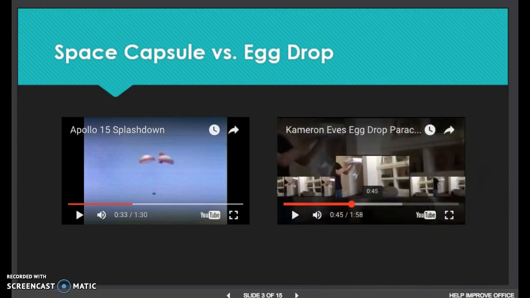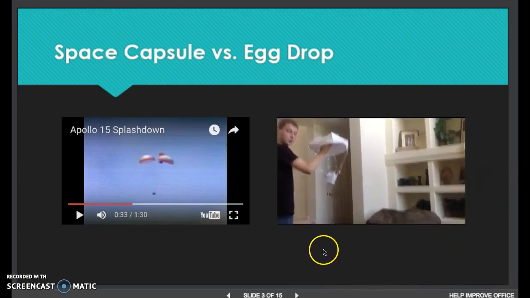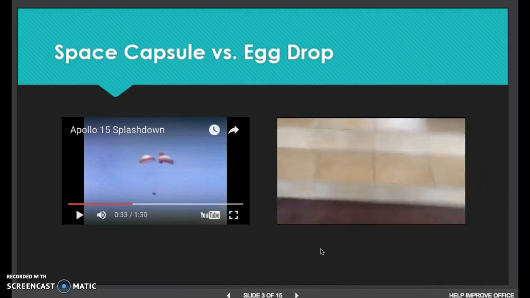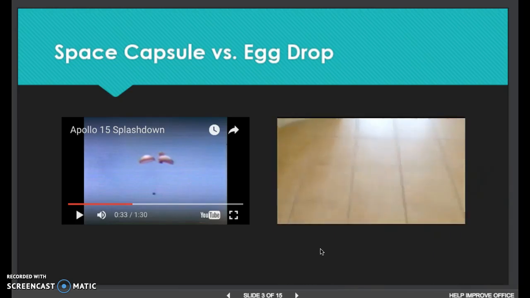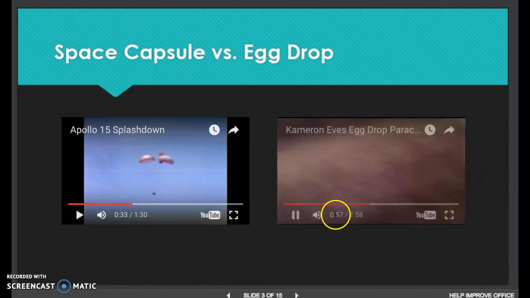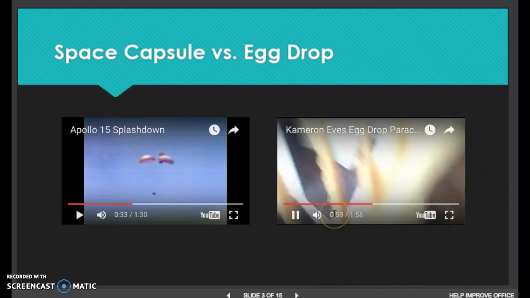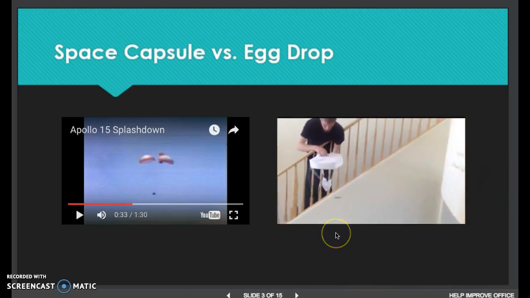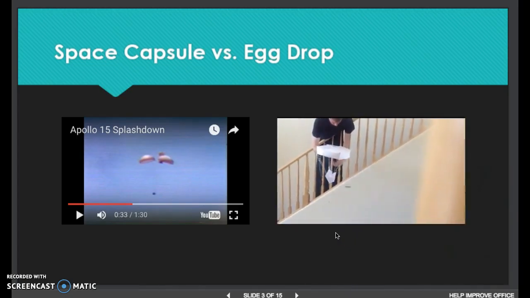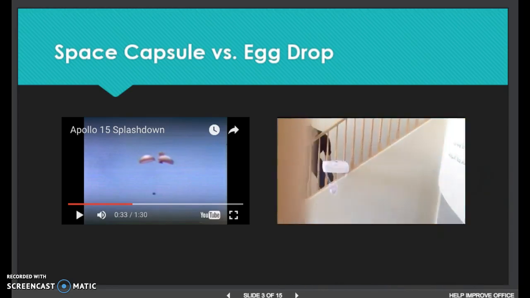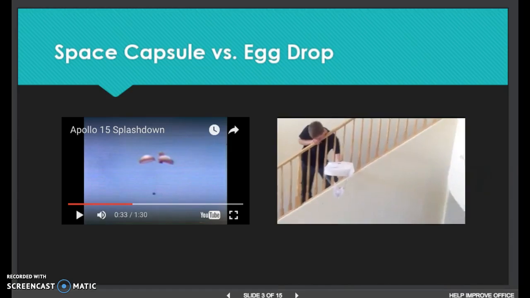He is not going to drop it as far as we dropped ours. He's going to walk up his stairs, very awkwardly, and do something very similar to what the Apollo did.